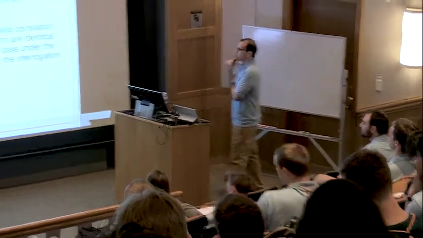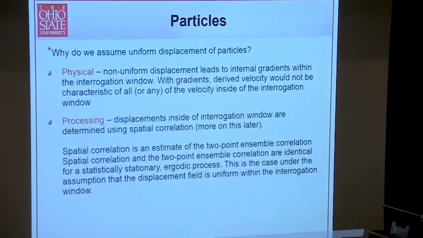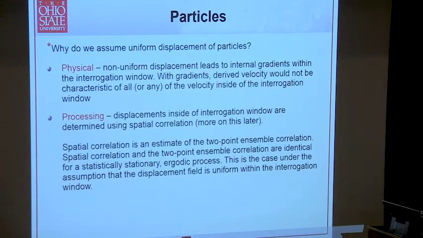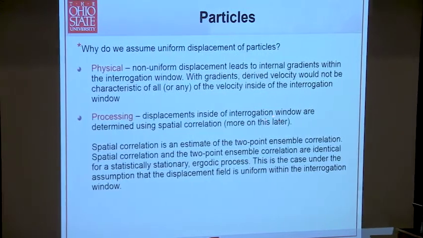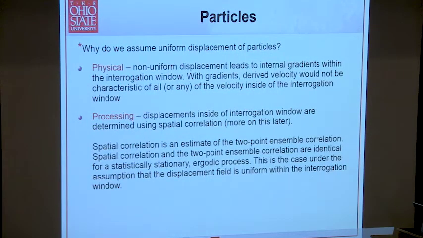But now in the processing, there's an important part. Many of you use PIV, and those of you who use it know that, again, I've said this over and over, we're going to get the displacement using spatial correlation. It actually ends up using cross-correlation, right? But the cross-correlation of two windows is actually only an estimate of what's referred to statistically as the two-point ensemble correlation. They're identical for a statistically stationary ergodic process, okay?